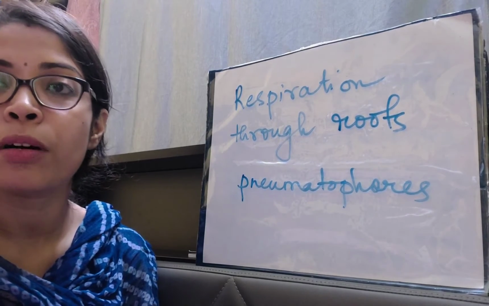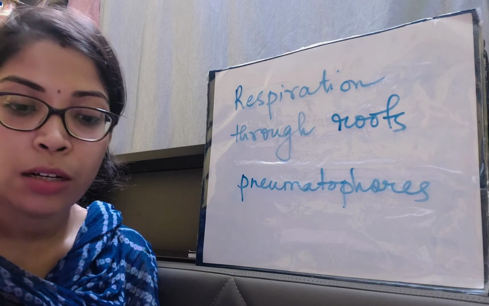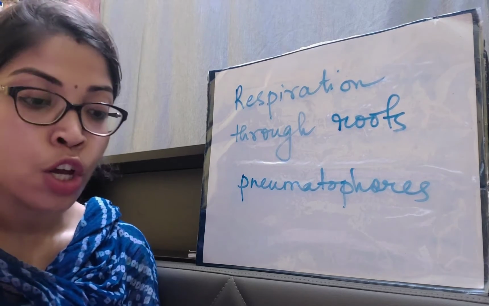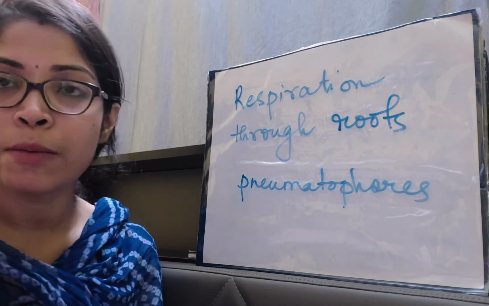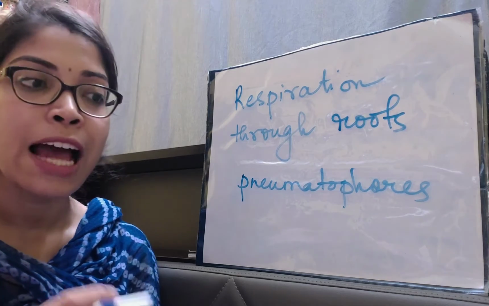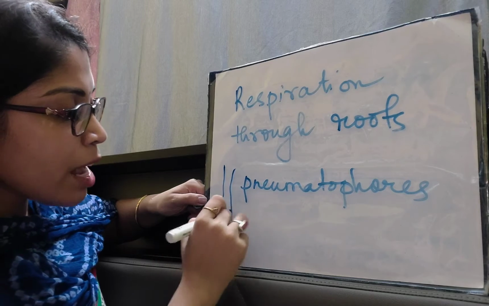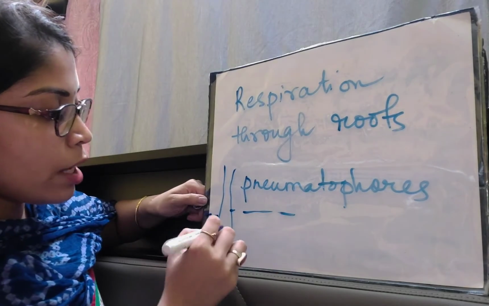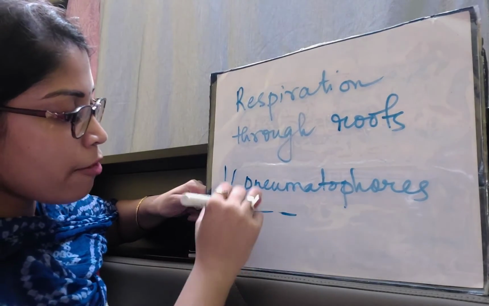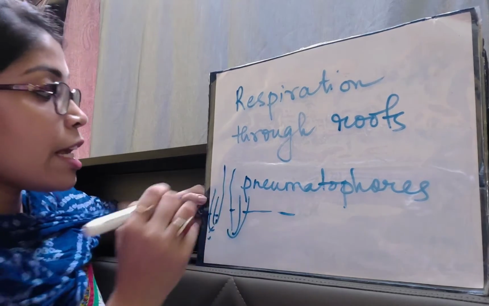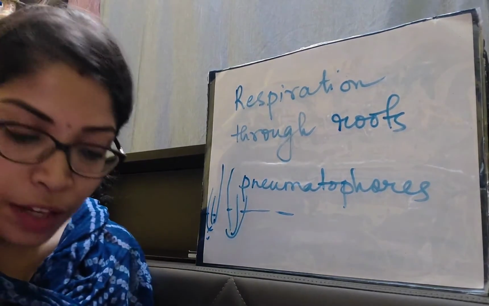They cannot absorb oxygen from that salty water. So they have modified themselves, they have evolved, and thus their roots go up. Suppose this is the plant body and this is the water. The roots from here have gone up in order to absorb atmospheric oxygen.